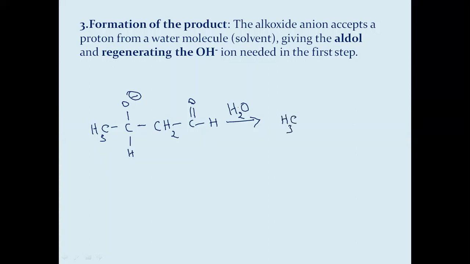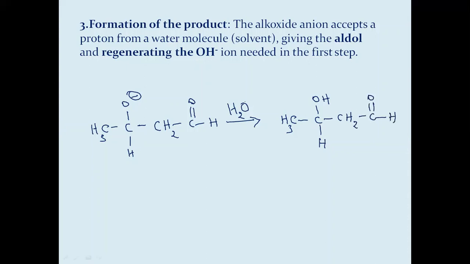Water contains two hydrogens and one oxygen, that is, one OH and H. So the H plus will go and combine with this O minus. So we have CH3, and this becomes OH because it is combining with one of the hydrogens. Then CH2, and the other things do not change.